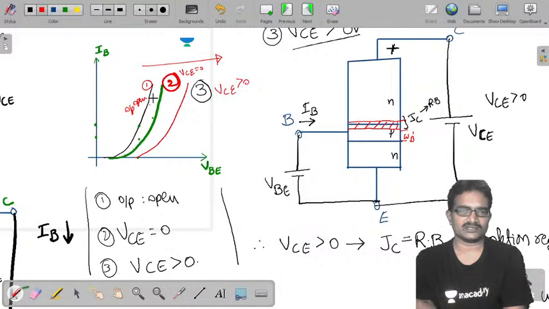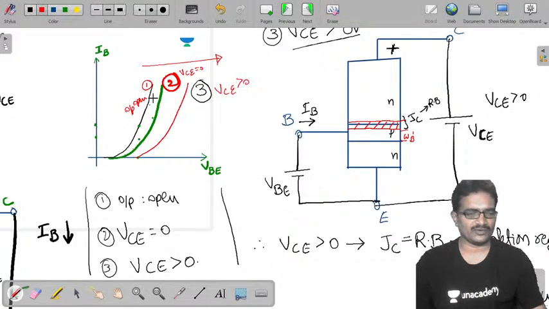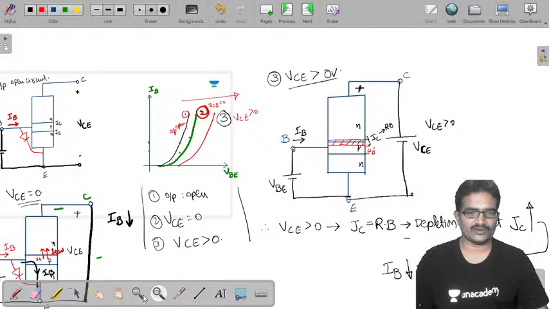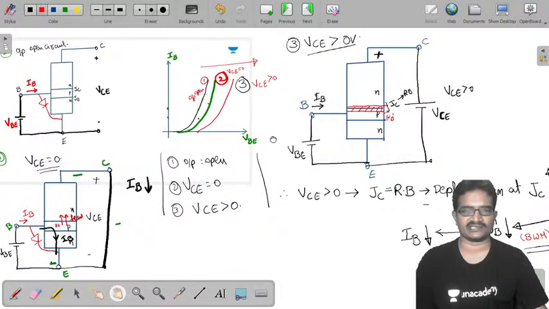Okay, so this is the variation of the various plots for the CE input characteristics. So far we know why your plot is moving away. Okay, we know everything. If you understand this slide effectively, then CE input characteristics is completed.